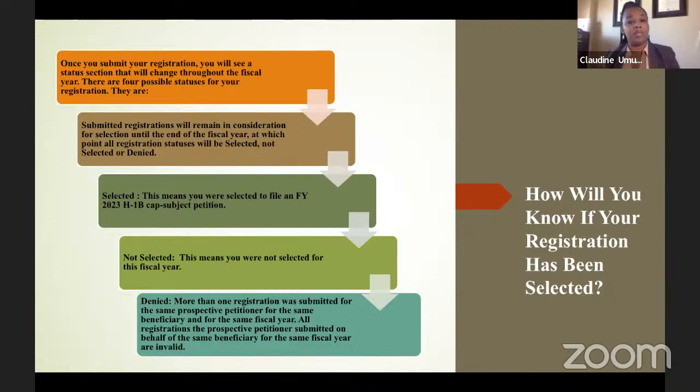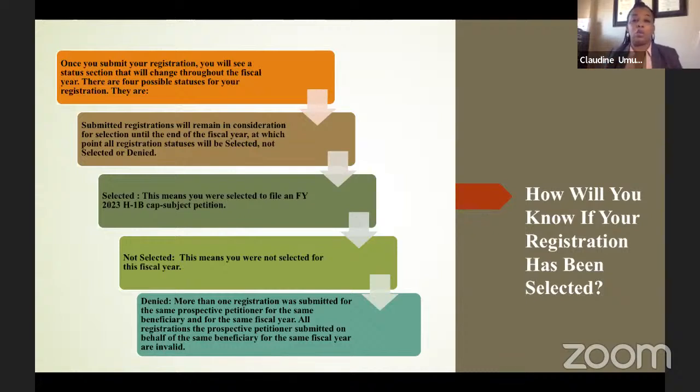But those who have not been selected will usually wait to see if, during the process, they will hopefully be selected the second time or the third time. So those who are not selected will be issued a letter, or there are also sometimes those who are denied because probably something went wrong.